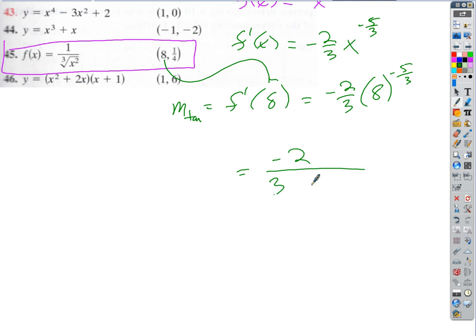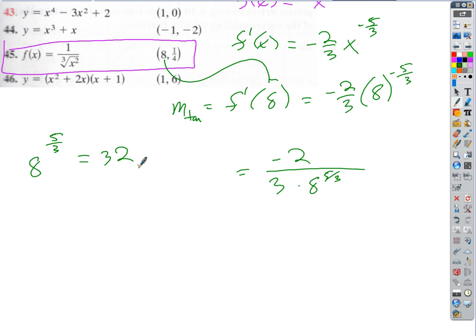How do we do that? When I do an 8 to the 5/3, we can do that in our heads. What are the two steps? What do I do first? Cube root. So the 1/3 power means a cube root. So cube root of 8 is 2, to the 5th is 32.